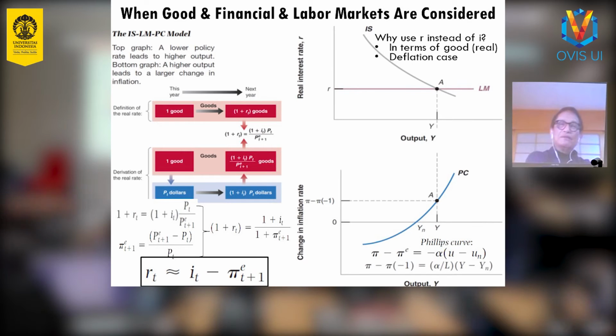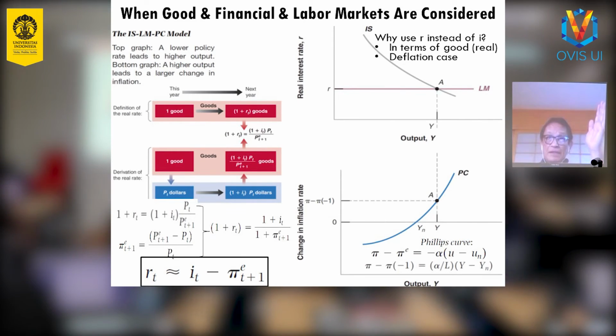Okay, let me tell you the story behind that. The original Phillips curve, by the way, Phillips is the name of a person. So Mr. Phillips, when originally he developed the theory, used the price level on the y-axis, and the x-axis is the unemployment. And guess what? He plotted the data from the 1960s and the 70s. It fits very nicely.